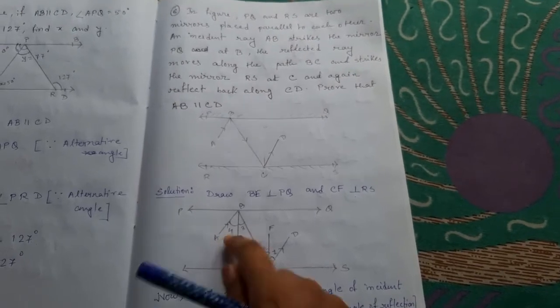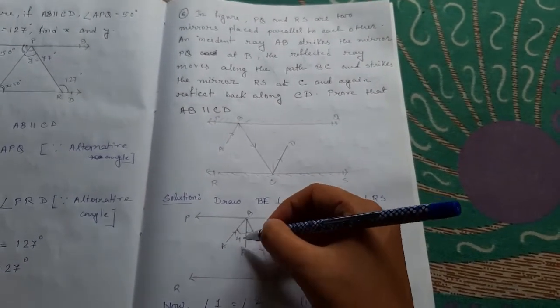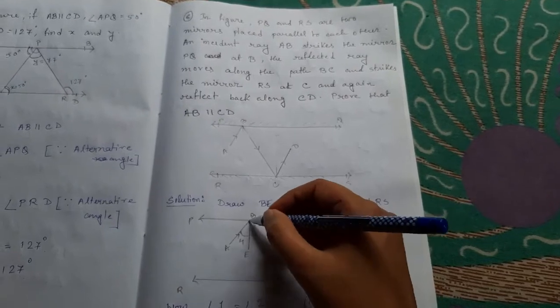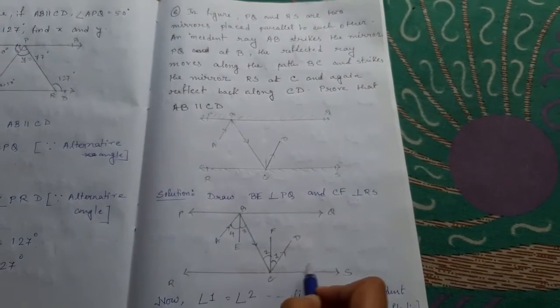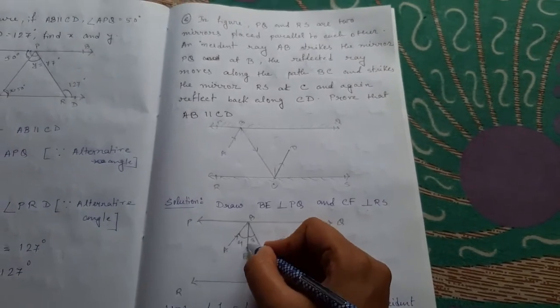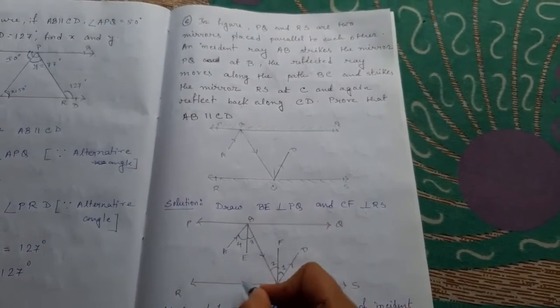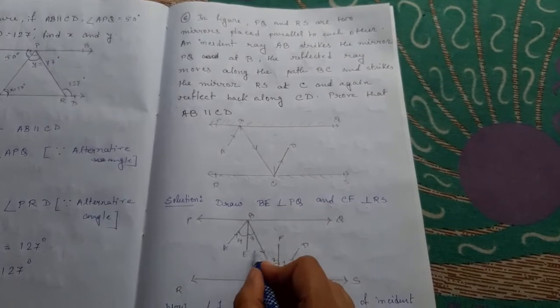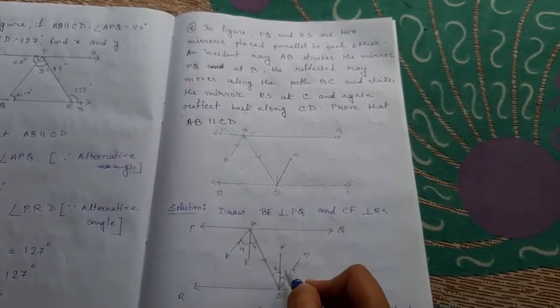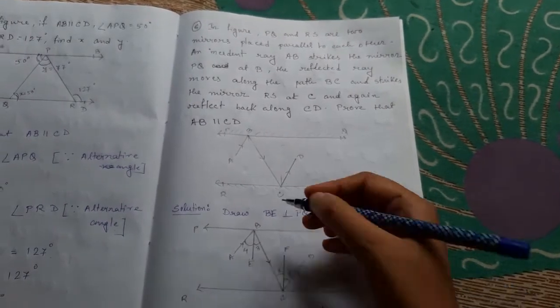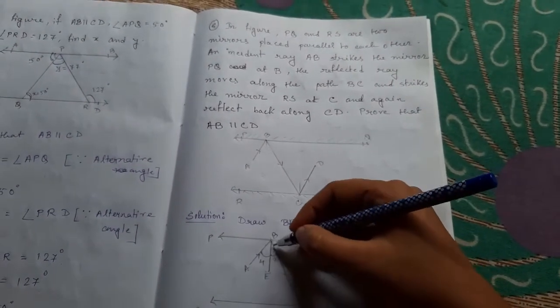Now again look here, this is 90 degrees, this is also 90 degrees, so this is parallel to this one. Again, this is 90 degrees over this line and this is 90 degrees over this line. That means BE is parallel to CF and this BC is the transversal.